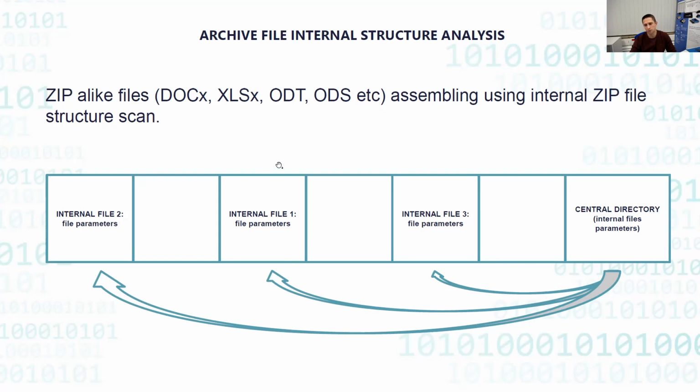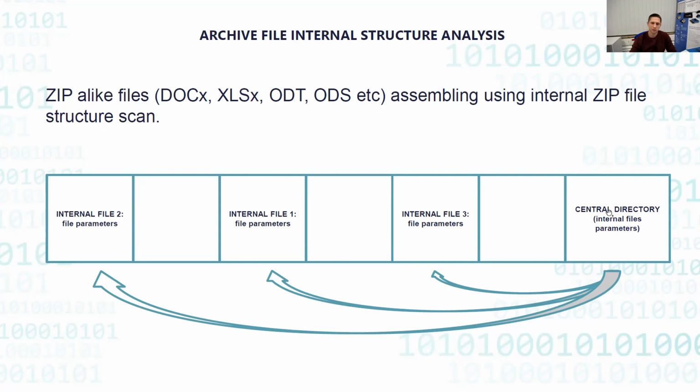In this picture, you can see the typical structure of a zip file. What is an archive file? It's actually a set of internal compressed files all together, and at the end of that file we have a central directory where the allocation of the internal files is described. Our algorithm looks for internal files of zip archives with their parameters and central directories with parameters.